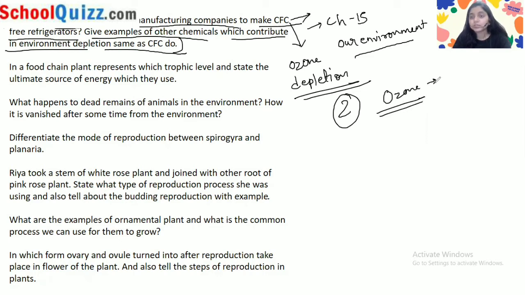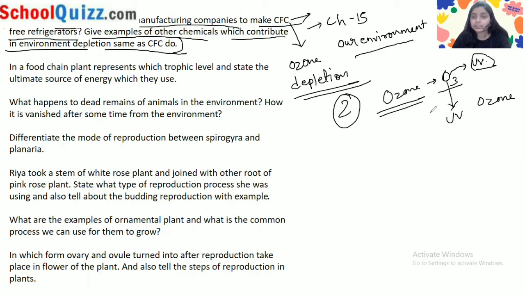What is the formula of ozone gas? O3. It is formed by UV rays, but it protects us from the UV rays. When the ozone clump is formed, that is the ozone layer, and it protects us from the ultraviolet rays.